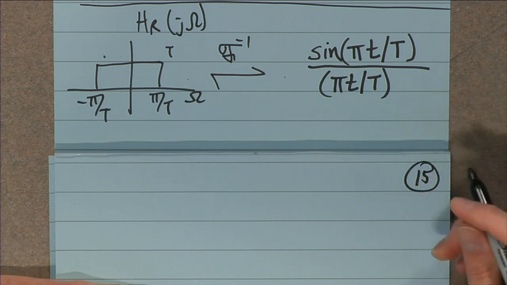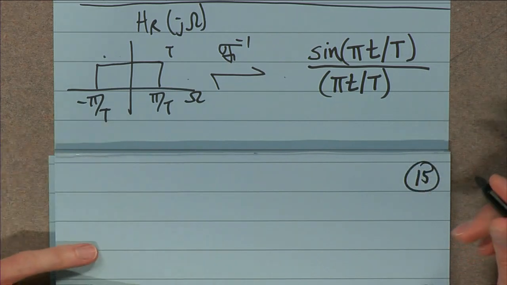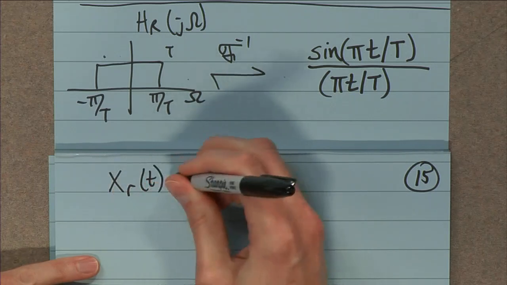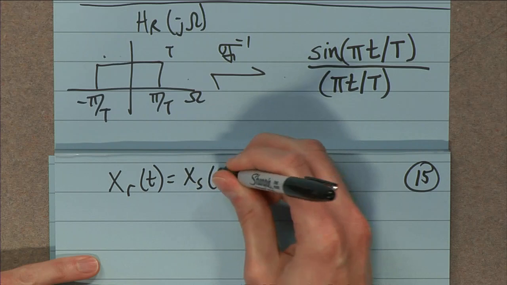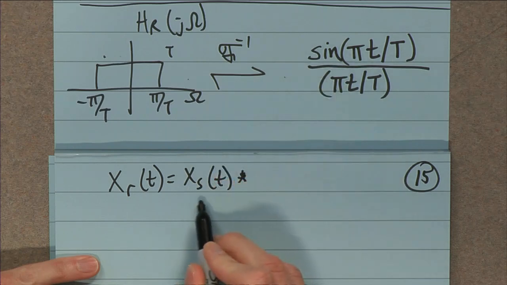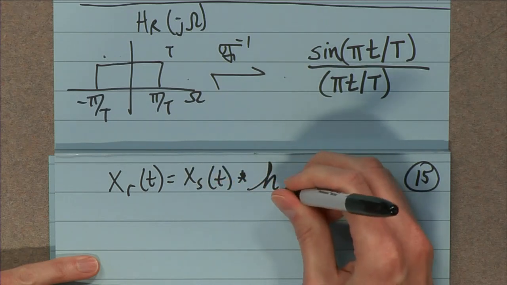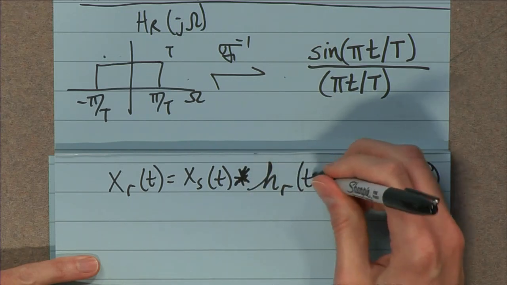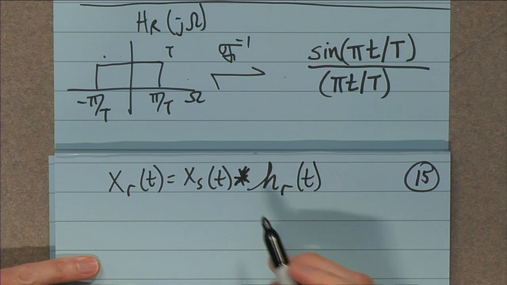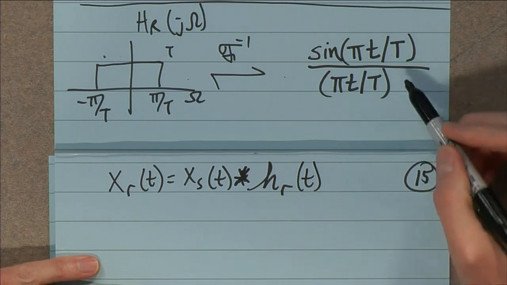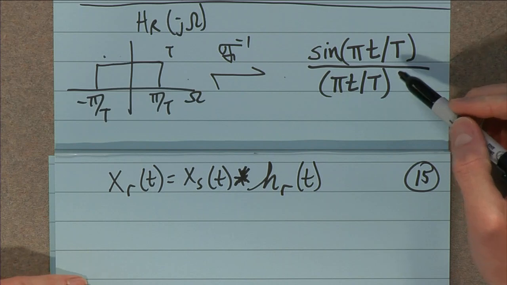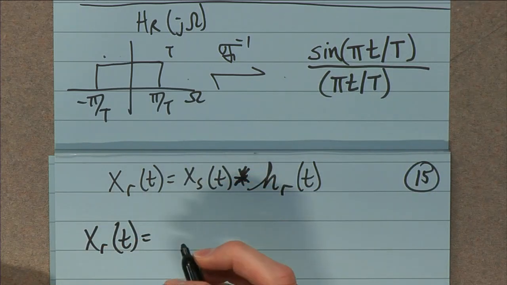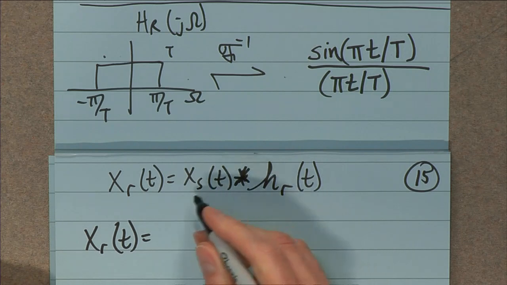It's basically a kind of signal decomposition. So xr of t is, what did we say? It's the sampled version, which has all the shifted copies, convolved, make sure that's a convolution, with hr of t, which is the impulse response of that filter. Well, what is the impulse response of that filter? It's just a sinc function. So we can carry this through.